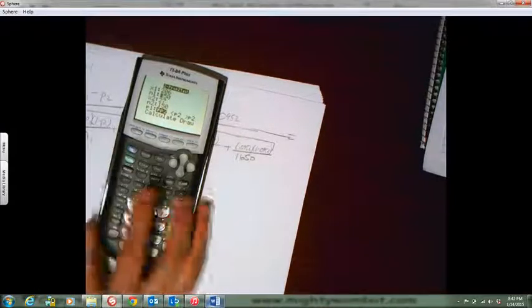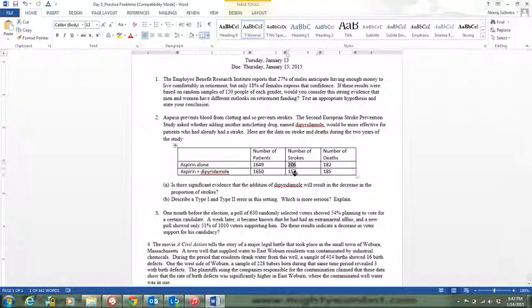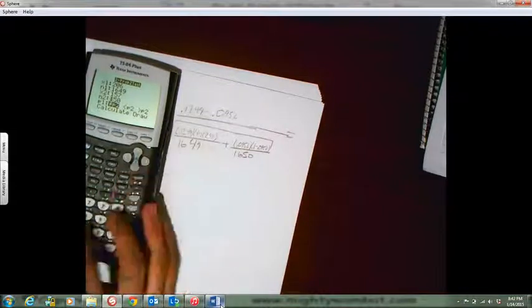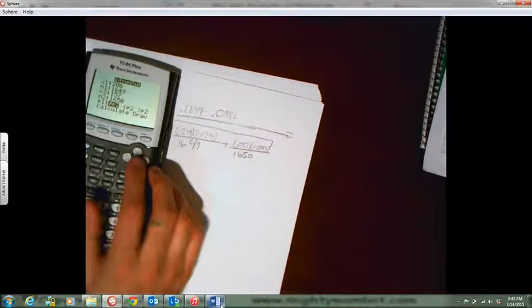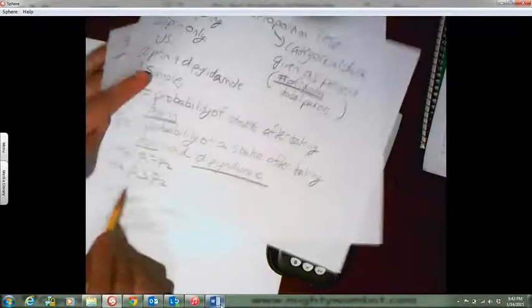In the next group there were 157, P2, divided by 1650. We want to know the probability that group 1 is bigger than group 2. So the probability that group 1 is greater than group 2.